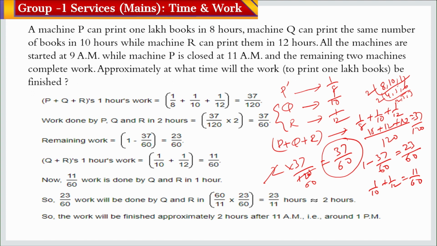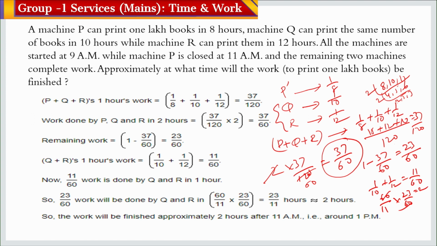So, 11 by 60 work is done by Q and R in 1 hour. 23 by 60 work is to be done by Q and R. So, in hours, 60 by 11 into 23 by 60, that is approximately 23 by 11, means 2 hours. Means Q and R combinedly work for 2 hours.